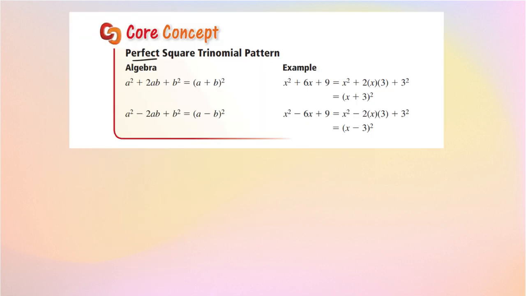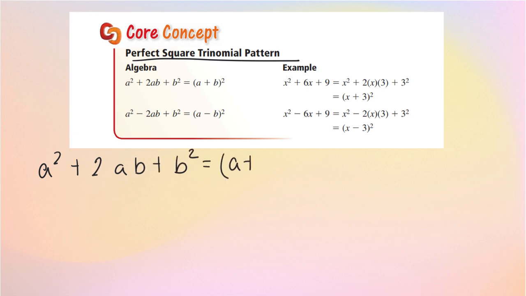Perfect square trinomial. Here we're going to have a squared plus 2 times a, b plus b squared, which is going to give me a plus b, all squared, right? This is basically rewriting where a is squared, and b is also a perfect square.